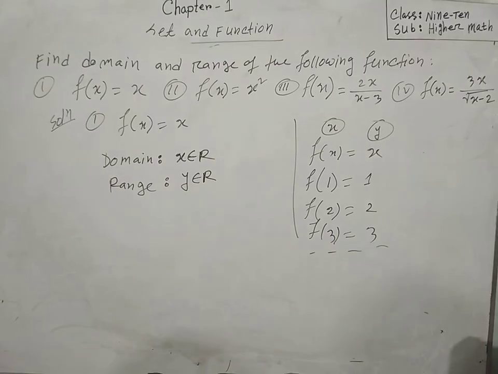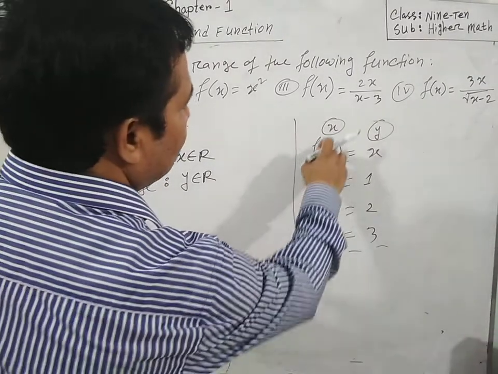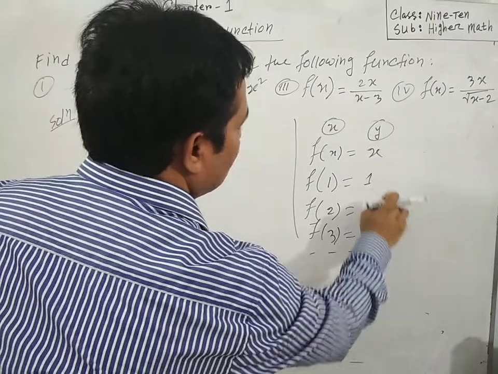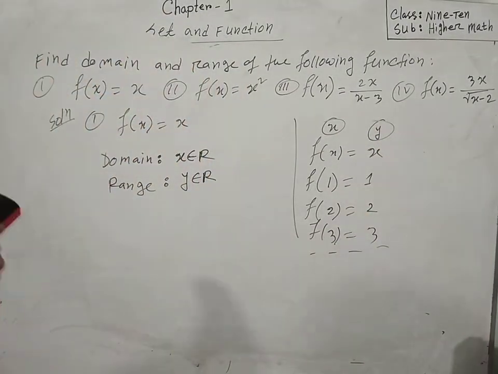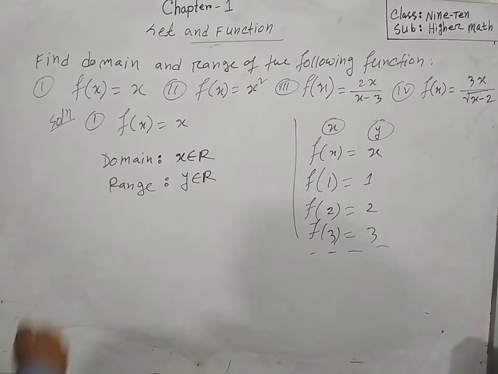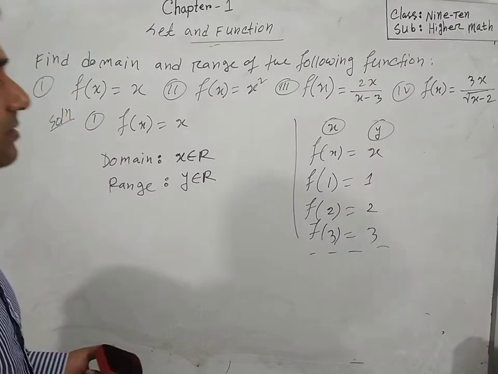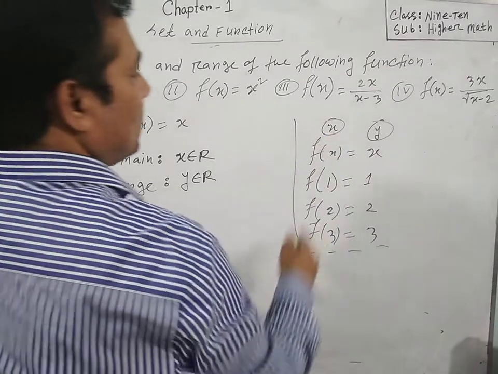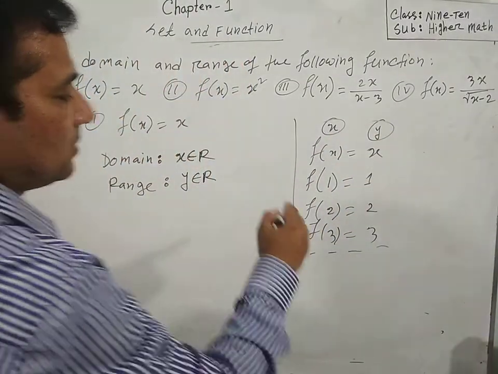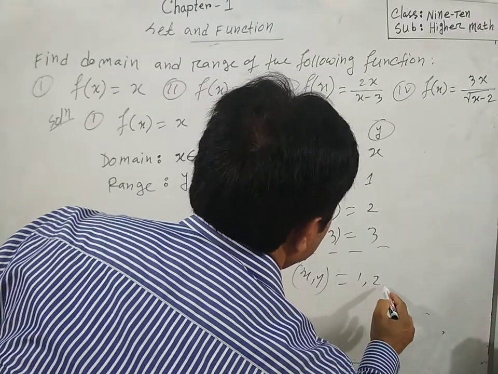Here we can see domain and range is always equal. Here x is 1 to 3 and y is 1 to 3, as domain and range are equal, so we can write domain x belongs to R and range y belongs to R. Here x input values and y output values. Here we can write x comma y.